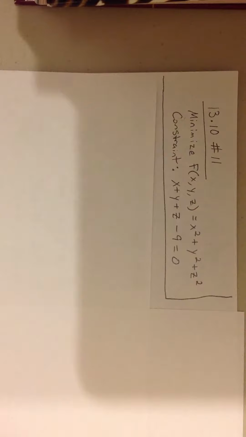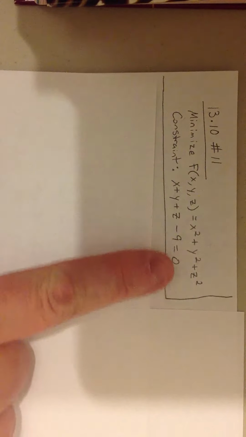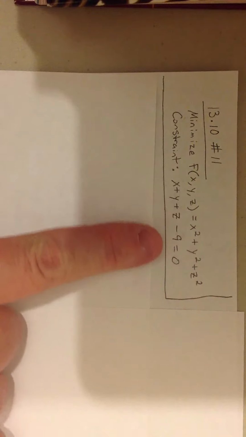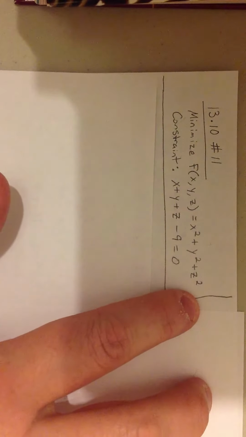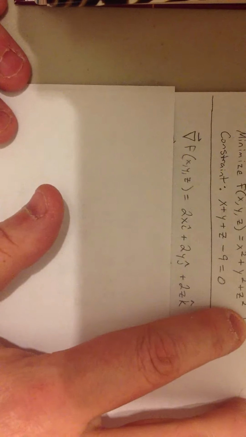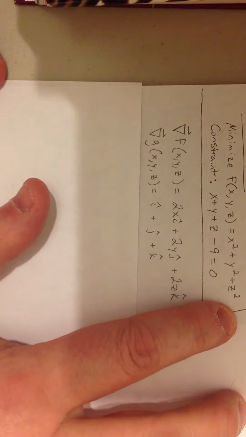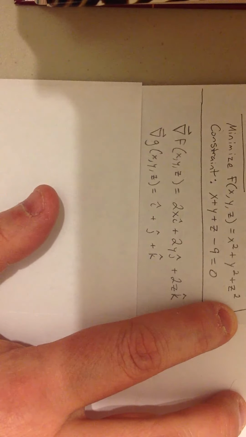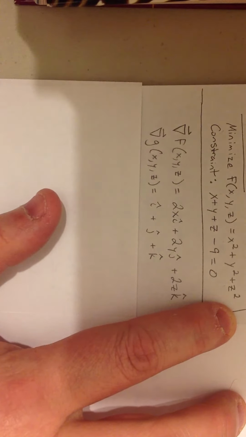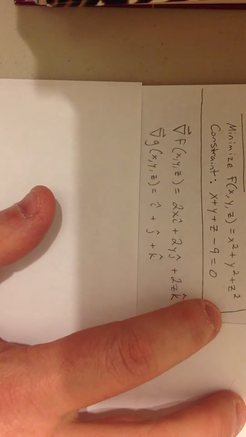Right here I've rewritten our function that we're going to be minimizing and our constraint. As a Lagrange multiplier problem, the first thing we need to do is take the gradient of f of x, y, and z and g of x, y, and z, g being what we'll call our constraint function.